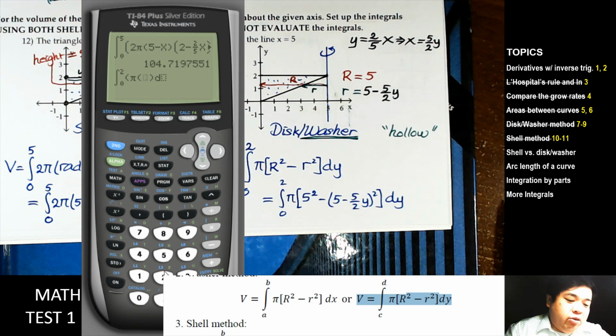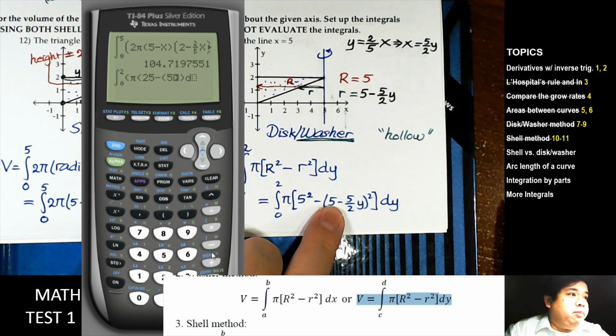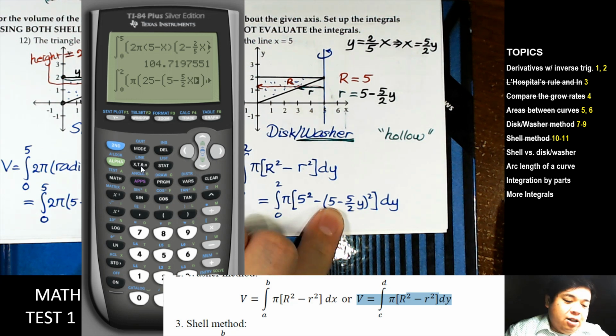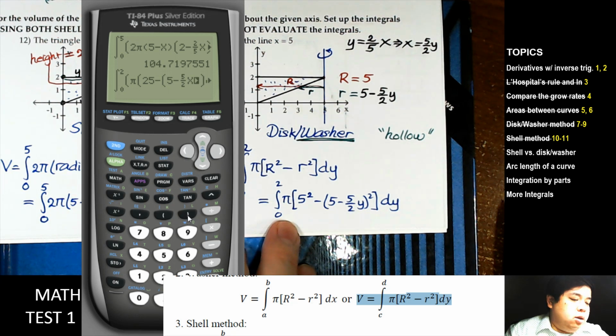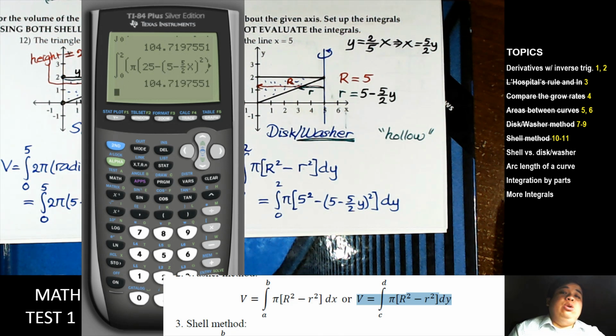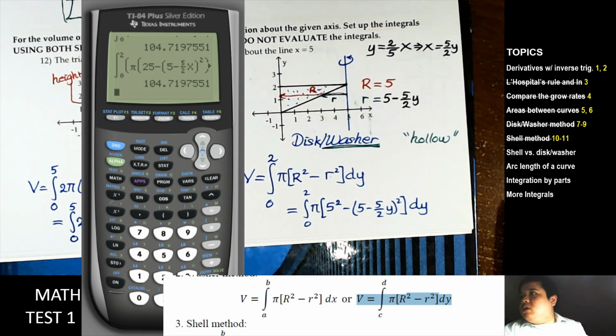So open parentheses, 5 squared is 25 minus 5 minus 5 over 2x, squared. As you see, we should have the same answer.